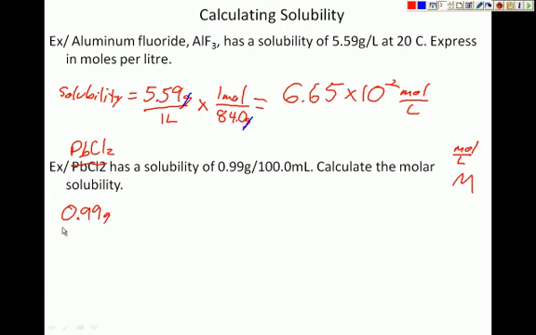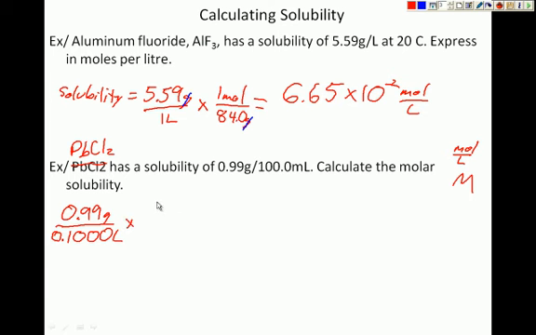So again, we're going to take our solubility, which is 0.99 grams over, well, I'm going to change this 100 milliliters into liters, and that's going to be 0.1000 liters. So I just took 100 milliliters and changed it into liters, and I'm going to multiply that by our molar mass.